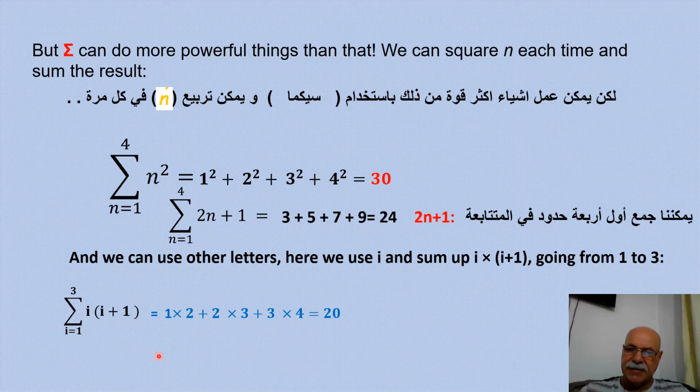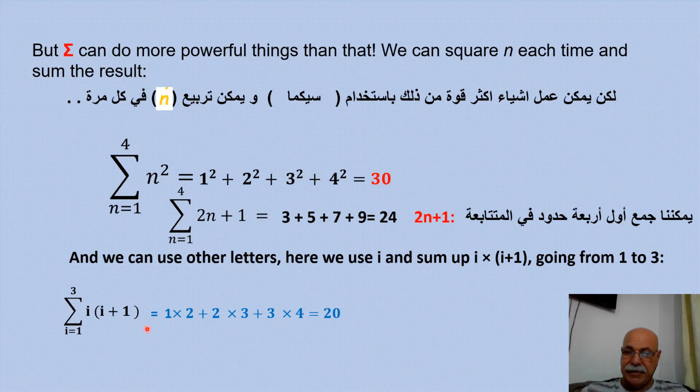Get like this: 1 times 1 plus 1, meaning 1 plus 1 is 2 times 1, then 2 times 3, it becomes plus 3 times 4, equal 20.